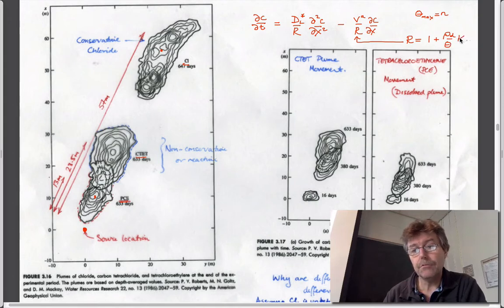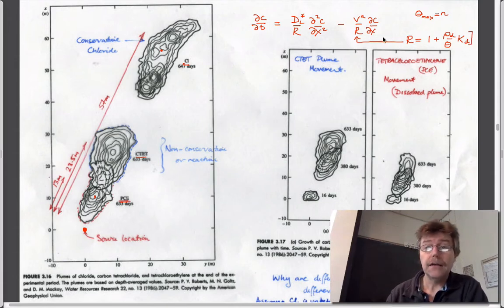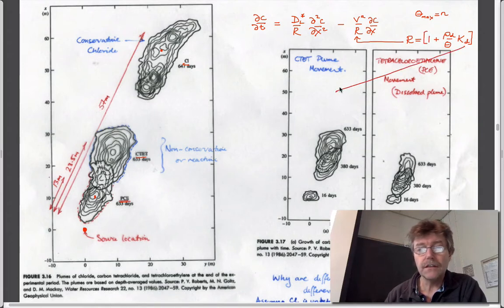And this other important parameter, this is excellent handwriting, I have to say, is this KD value. So KD is a distribution coefficient. I guess I just have to take time to write.